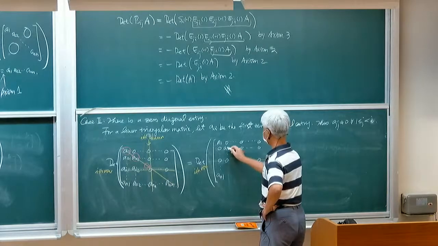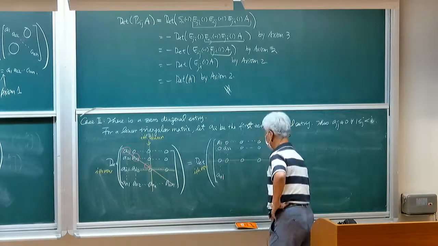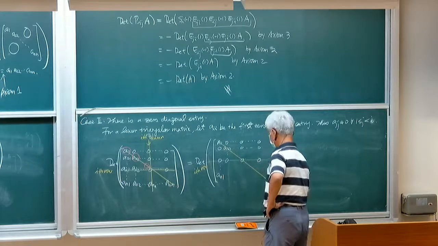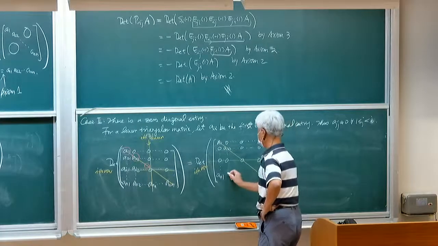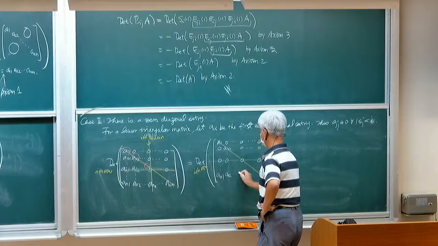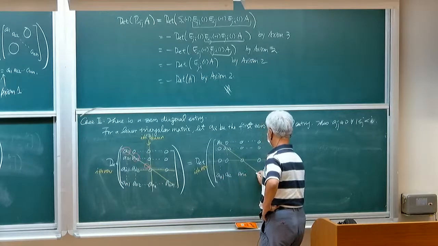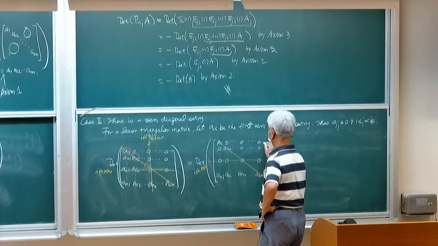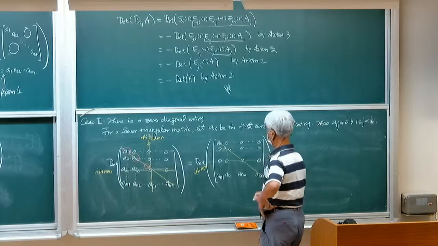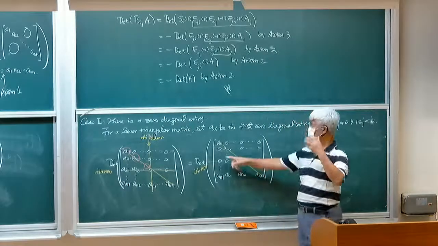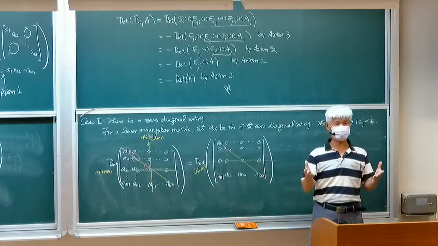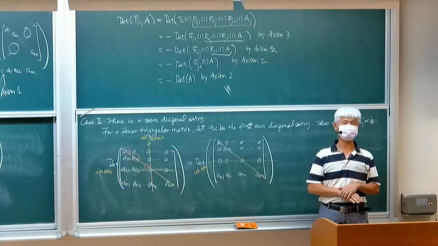So what happened? After you do such things, the ith row becomes the 0 vector.